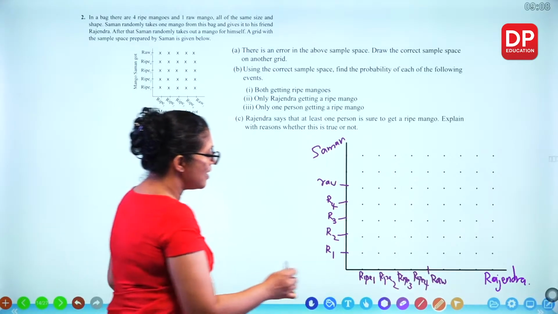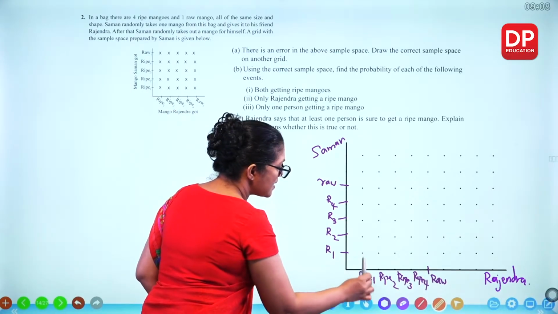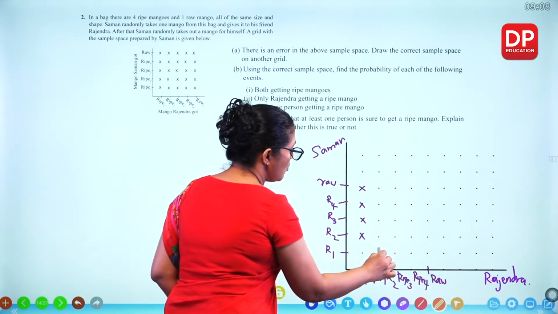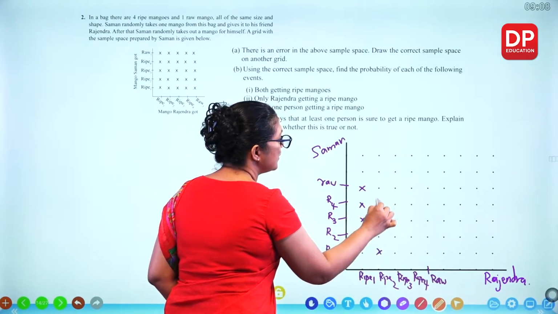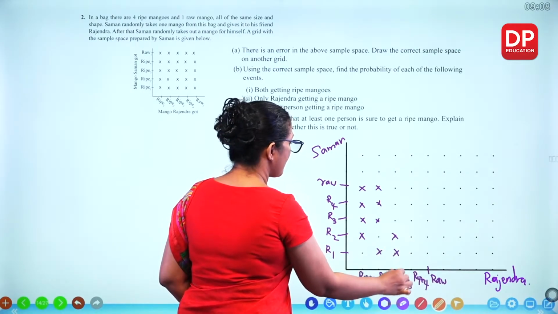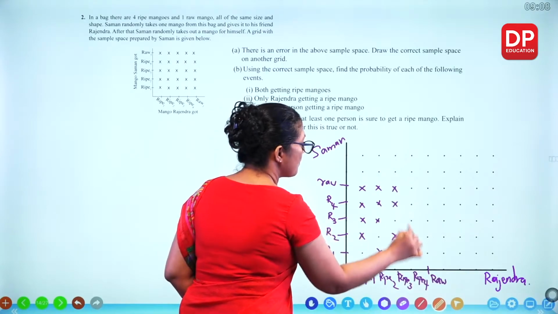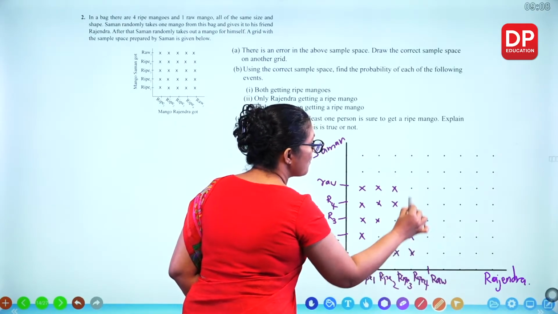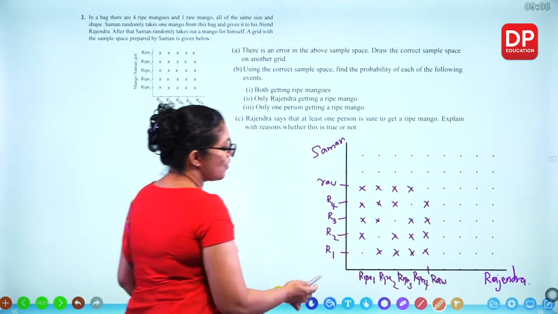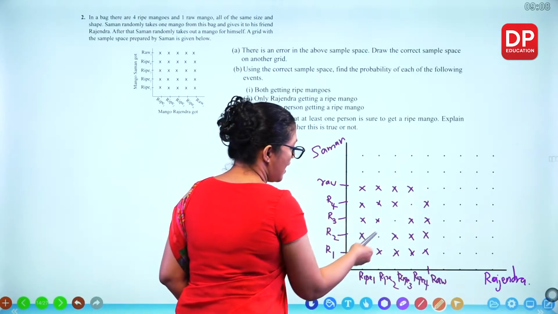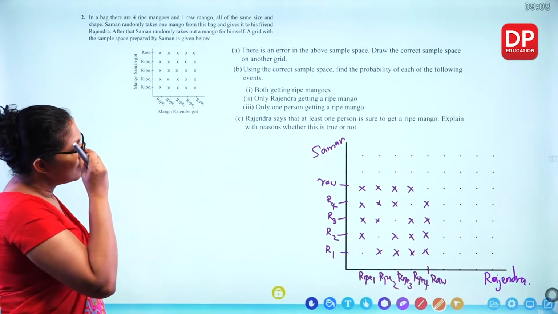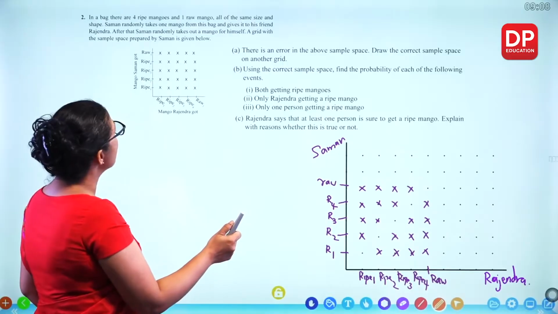Now what happens? You are not getting the same thing. So here only these possibilities you can get. You can't take these elements. Same thing again. So this is the new diagram.